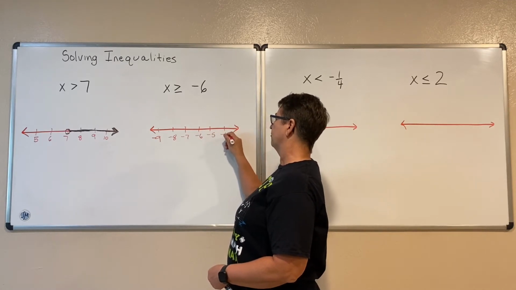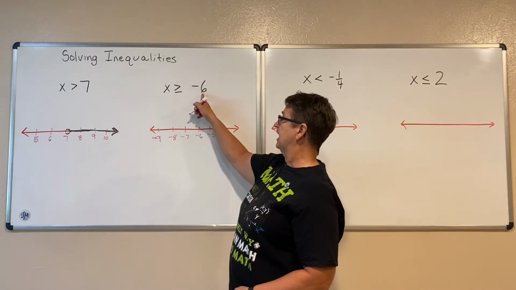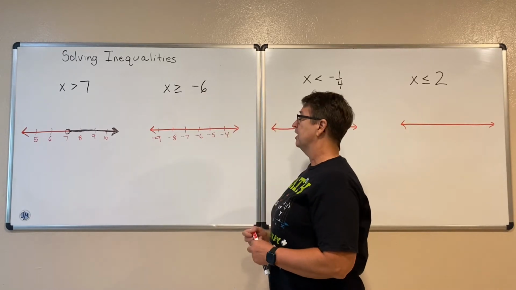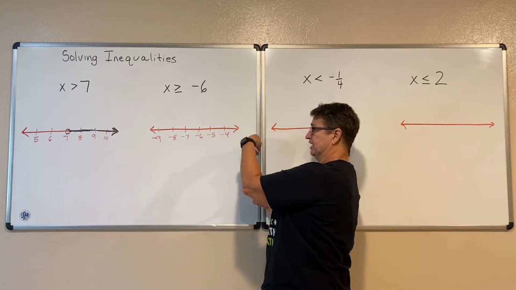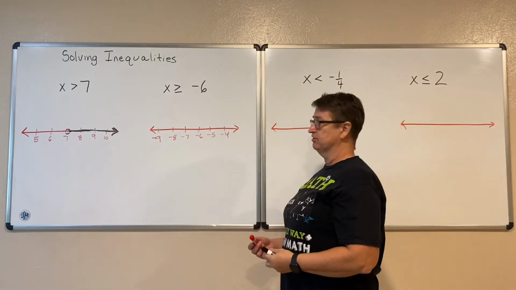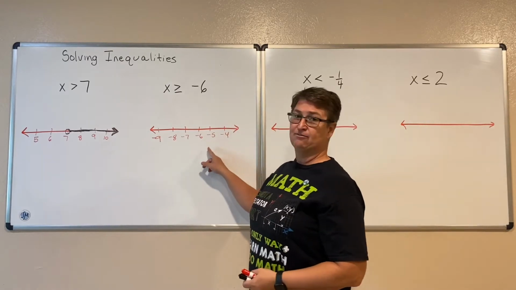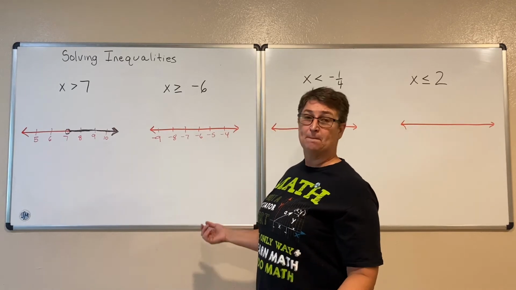The important number that we need on our number line is -6, because that's what's in our sentence. And again, this says it can be bigger than -6, so it could be any number that is larger than -6. It could be -5, it could be -1, it could be 25, it could be 1,000,000.